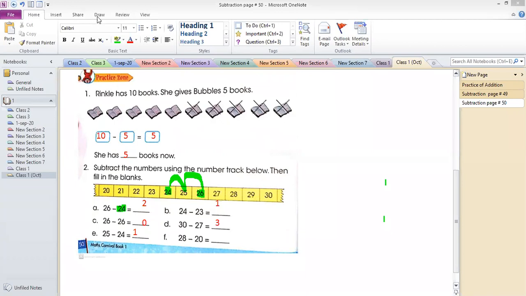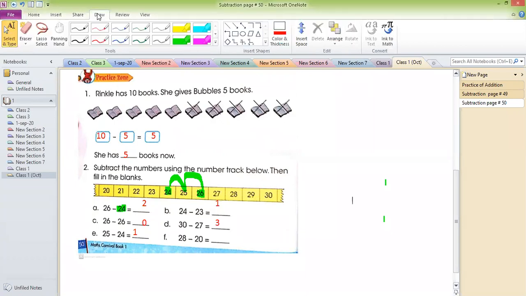For you, I repeat, you have to minus 20 from 28. So you will start from 28 and go back until you reach 20. 1, 2, 3, 4, 5, 6, 7, and this is 8.